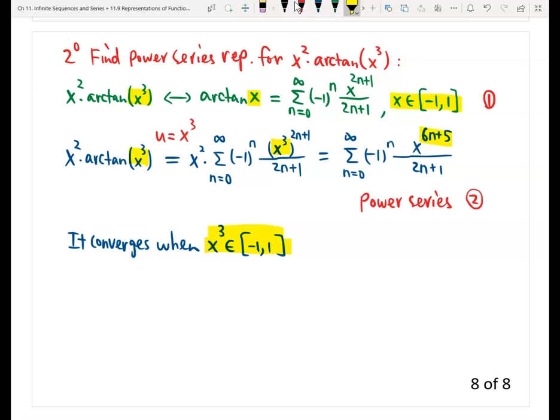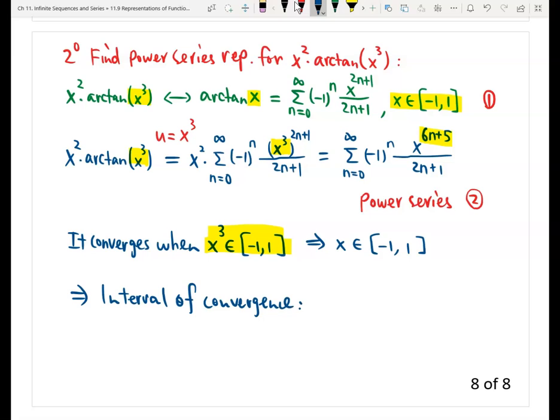So this is true, and we solve. X still belongs to -1 to 1, including -1 and 1. This is the domain. So we conclude finally the interval of convergence is -1 to 1, for our final series, which is 2. And that's the result for this question.